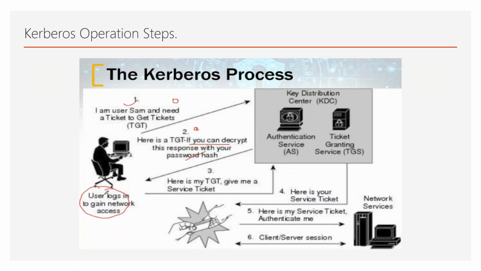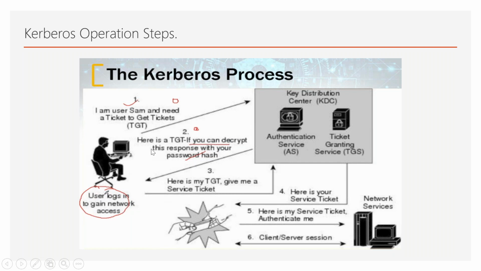This explains in much more depth what happens. Let's say a user wants to authenticate against this network service. The user, Sam, wants to authenticate to the authentication service. It sends a TGT, and the TGT will be decrypted by the password.